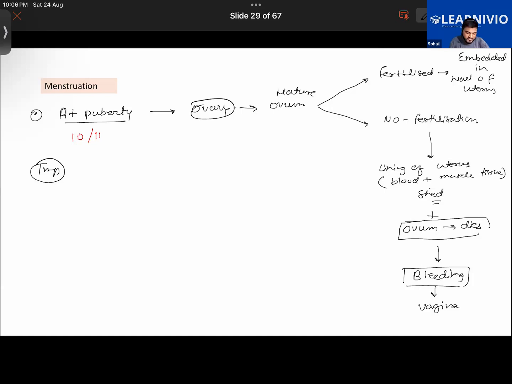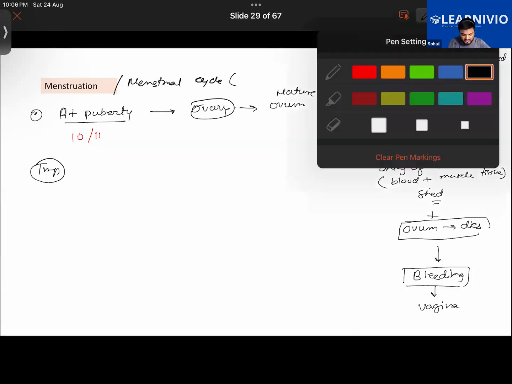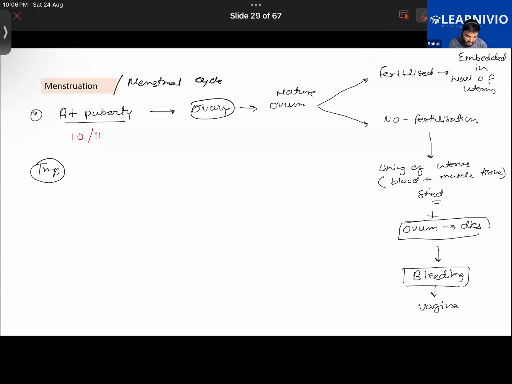First of all, write down this thing, then we'll have a look at it. Talking about some important points, when this bleeding happens for the first time, that is called menarche.